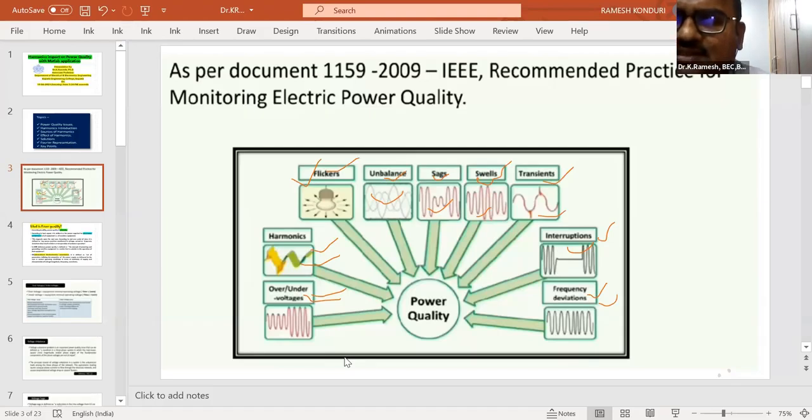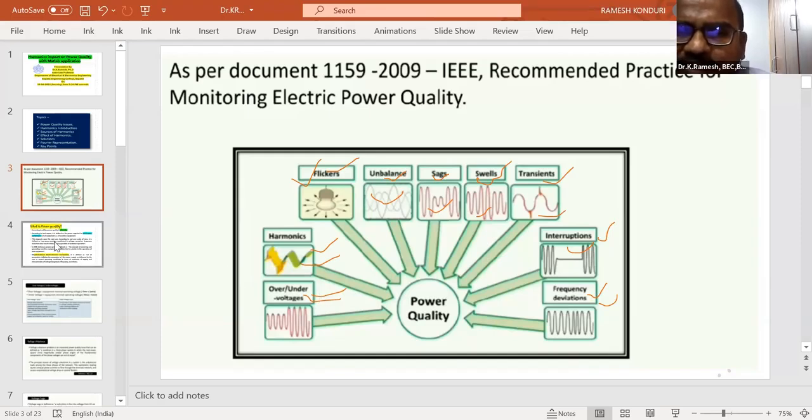These are all the issues associated with power quality, and I have given the basic knowledge regarding all these issues.